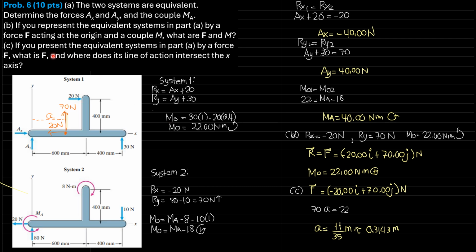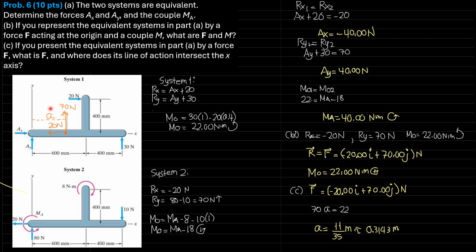Then in part C, if you represent the equivalent systems in part A by a force F, what is F and where does its line of action intersect the x-axis? F remains the same, so it is still negative 20i plus 70j newtons. And for the distance of intersection of F, or R, from the origin, this is the resultant, to the left 20, Rx, and upward Ry.